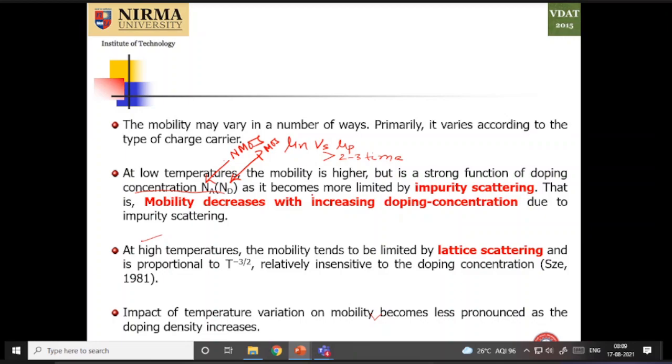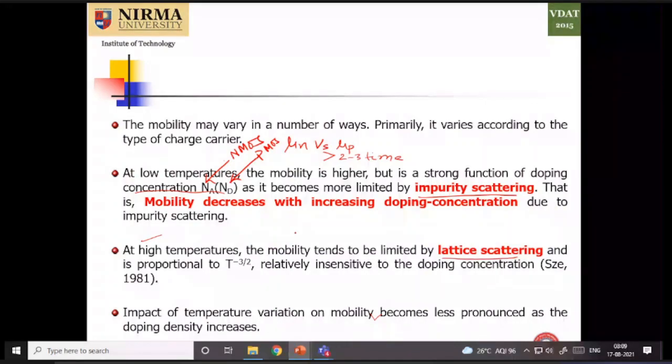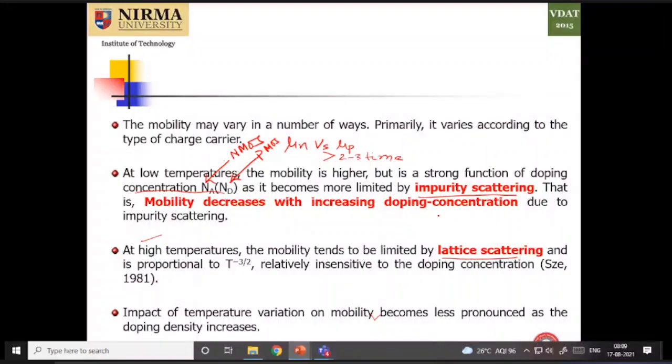So at low temperature, the mobility is limited by impurity scattering, whereas at high temperature, it is limited by lattice scattering. That is, the mobility decreases with increasing doping concentration, which we'll see in one plot, due to the impurity scattering. At high temperatures, mobility tends to be limited by lattice scattering, and it is proportional to T to the power minus 3 by 2, and relatively insensitive to the doping concentration.